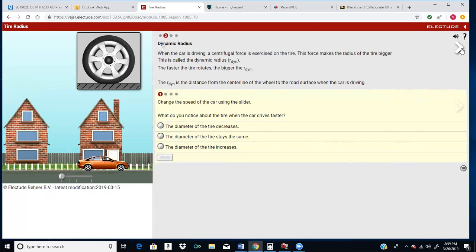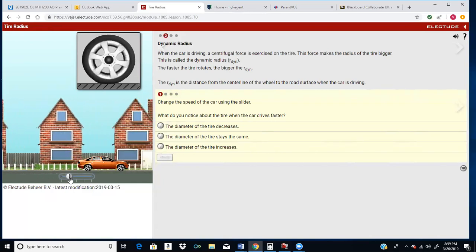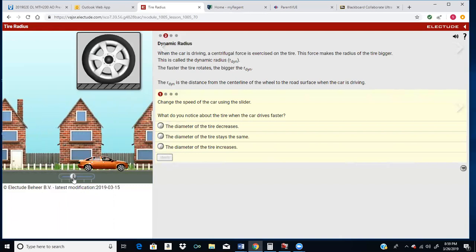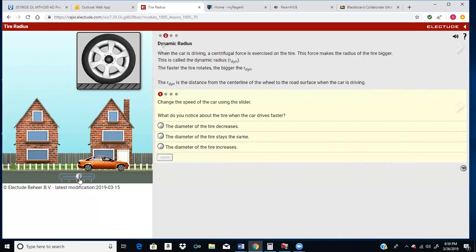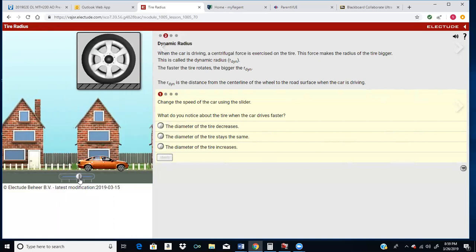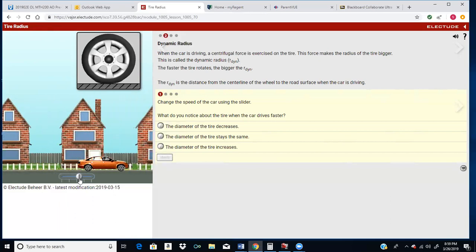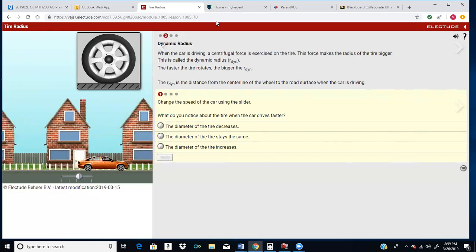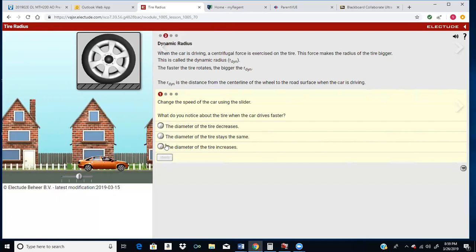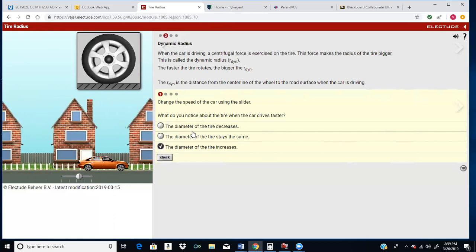And so it says change the speed of the car using the slider. And so if you do that, we can see as we increase, that's changing, right? Okay, so it says, what do you notice about the tire when the car drives faster? Okay, and so here we can see that it already told you the diameter of the tire increases in size.